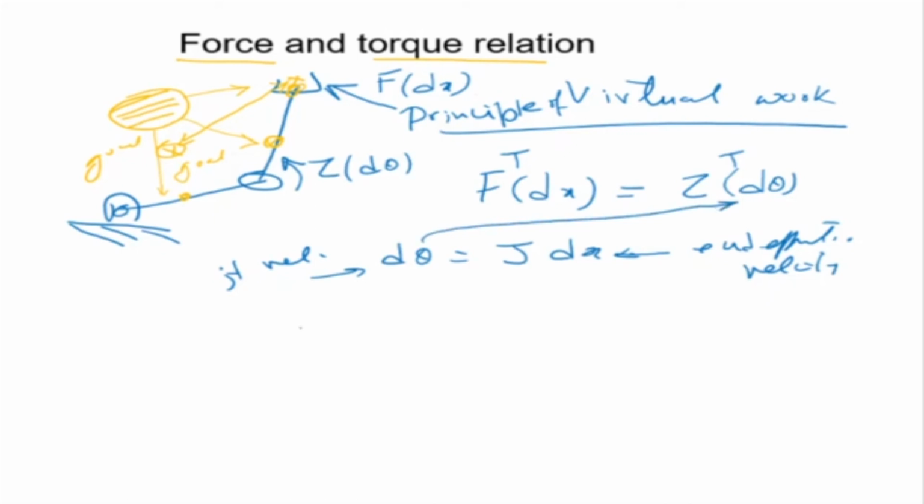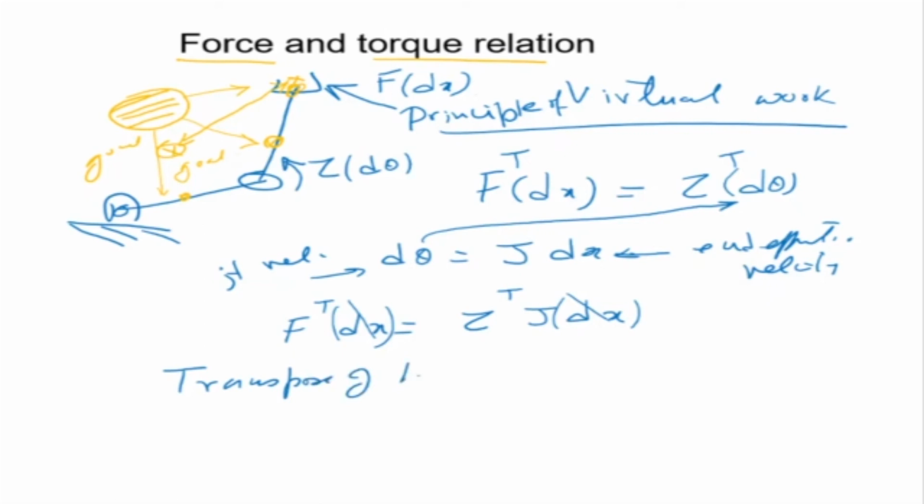So what I get from that equation, F transpose into dx is equal to tau transpose into J into dx. So I have dx on both sides, so they cancel each other. Now if I take the transpose of both sides, then what we get is tau is equal to J transpose F.